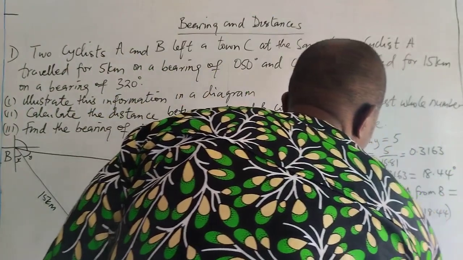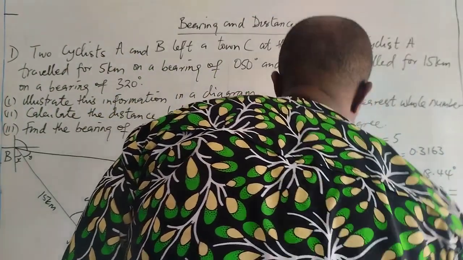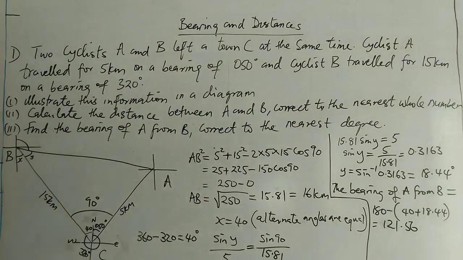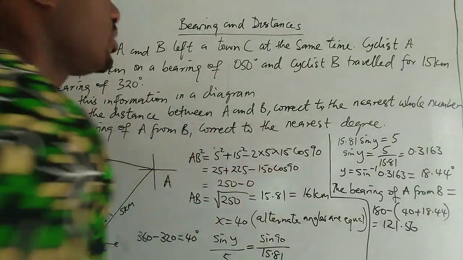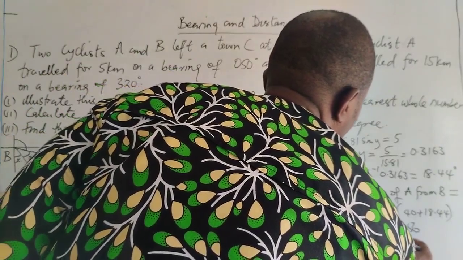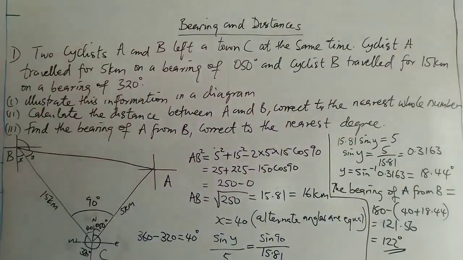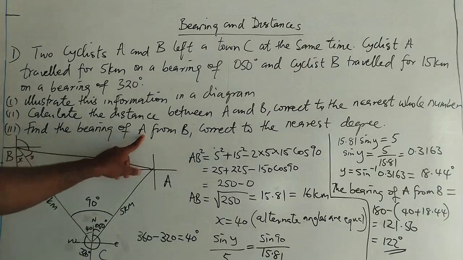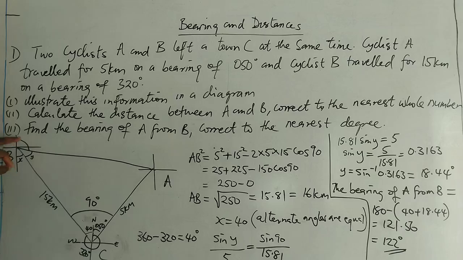If you do that calculation, that will give you 121.56. Then it says to the nearest degree. So the nearest degree of this number is 122 degrees. So that's the bearing of A from B, which is this arc here.